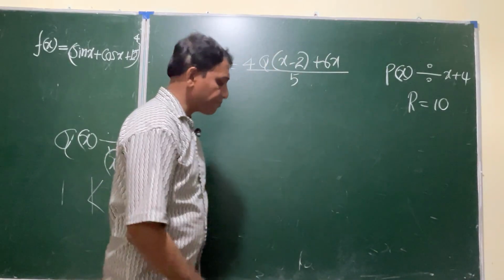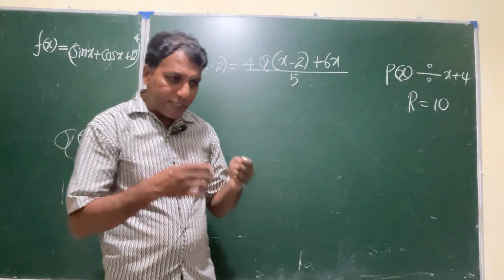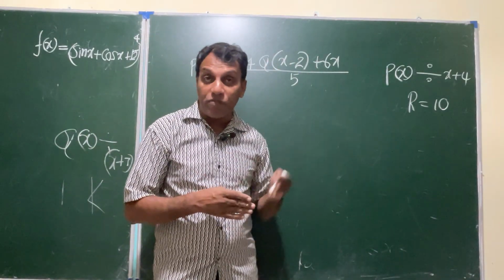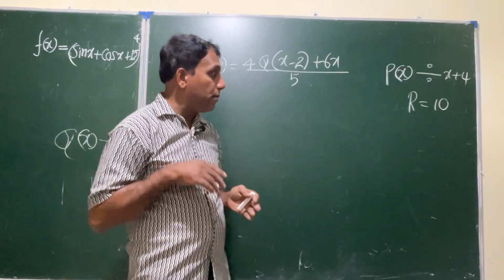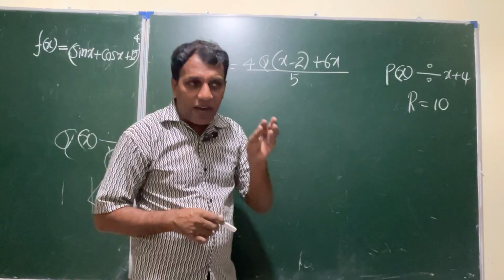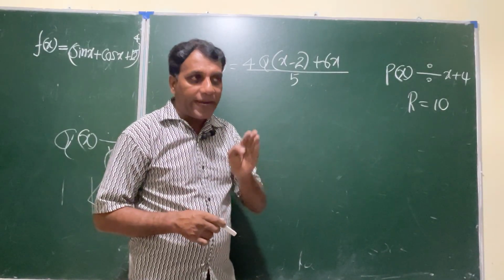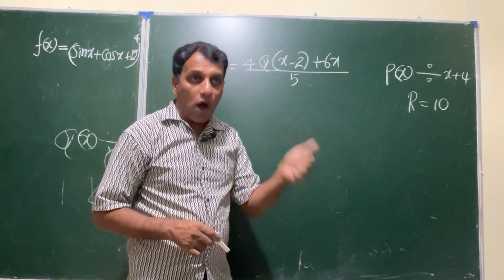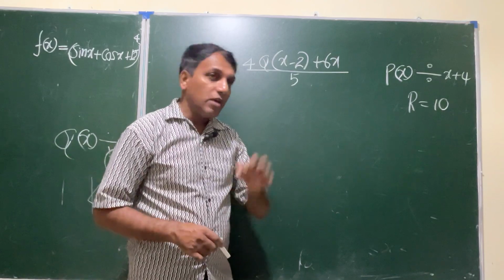Starting from the grade 12 beginner level of the remainder and factor theorem: when one function is divided by another, there is a quotient and a remainder. So I can write p(x) equals the quotient into the divisor x plus 4, plus the remainder.